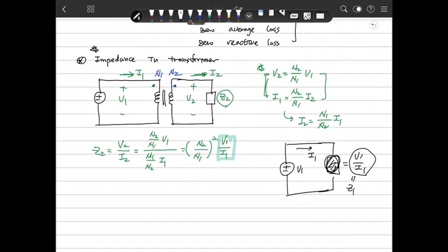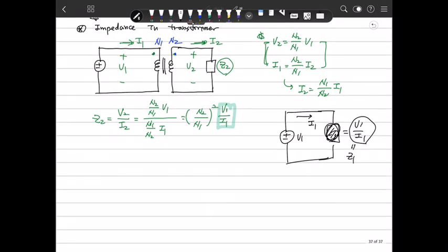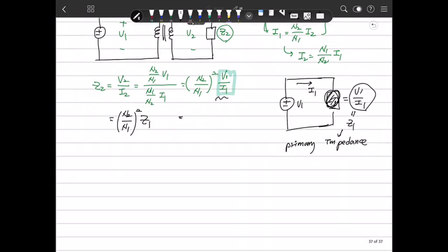So this is Z1, the primary impedance. So this is N1 over N2 squared Z2. What's the meaning of that?